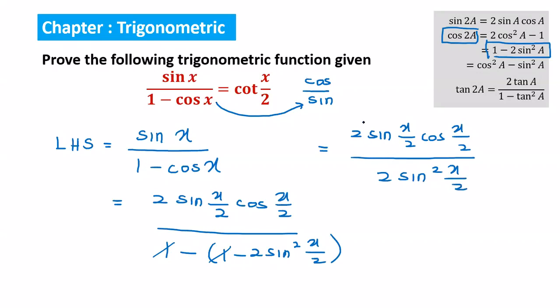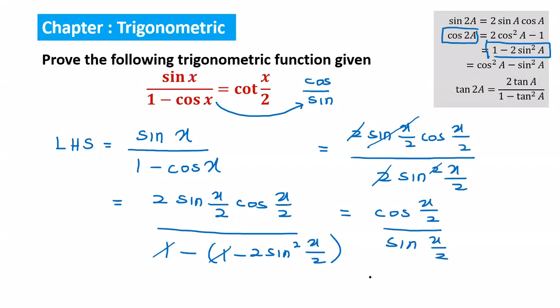The 2 and 2 I can also cut. Done, gone. Here we got sine on top, so I'm going to clear the sine. Here I got sine square, so I'm going to remove 1. So you can see it is cos x over 2 over sine x over 2.